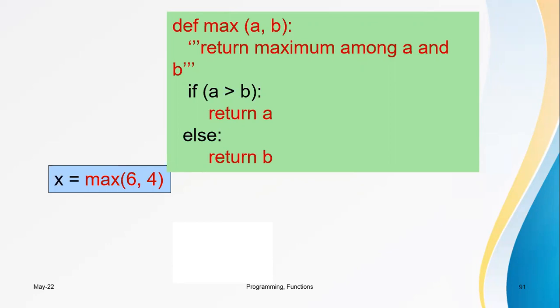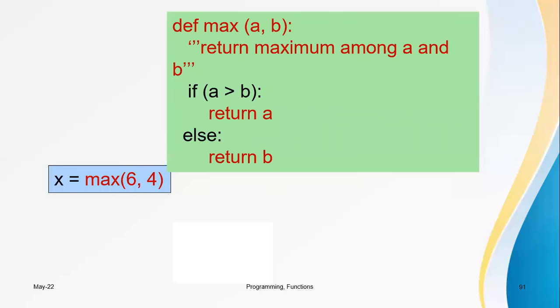So let us take the definition of max, A comma B. I'm using so many new words here: def, return. You never used all this until now, and now we are using it. Don't worry about it. Forget about def, return and all. Just think of return as print, and the definition as maybe the name of the program.